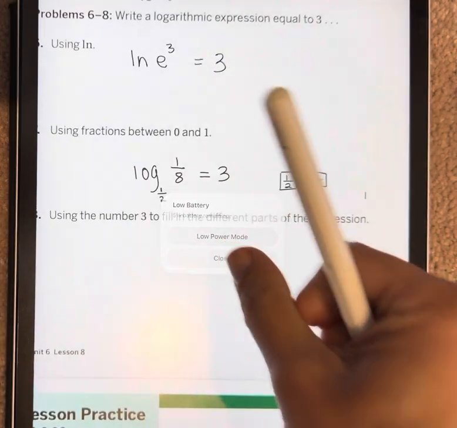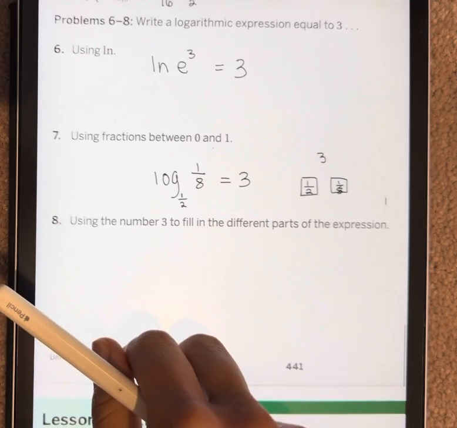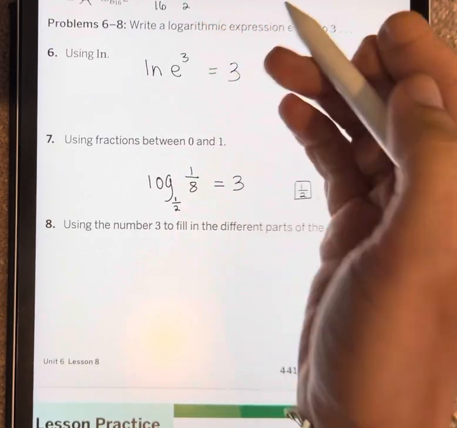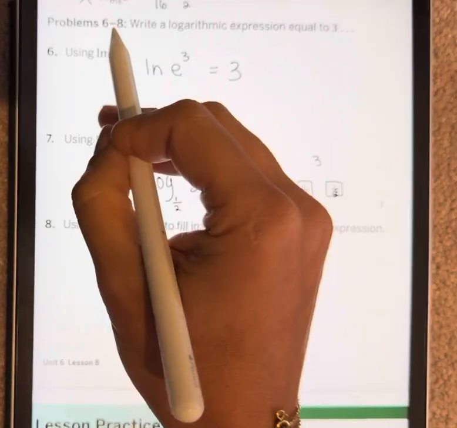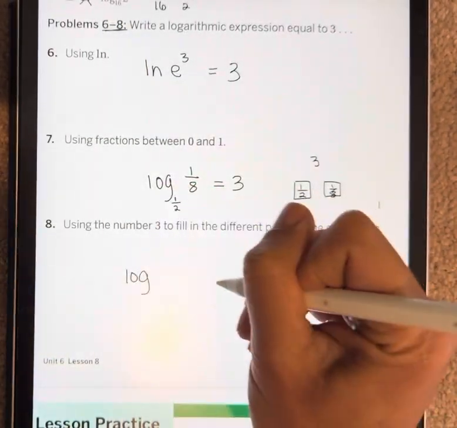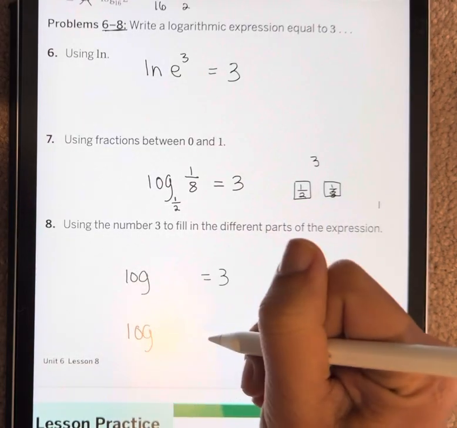And I know, using the number 3 to fill in different parts of the expression. Okay, so I assume this stands because it says for problem 6 to 8 and this is 8. So I assume we still want a log that equals 3, but I think they want more 3s.